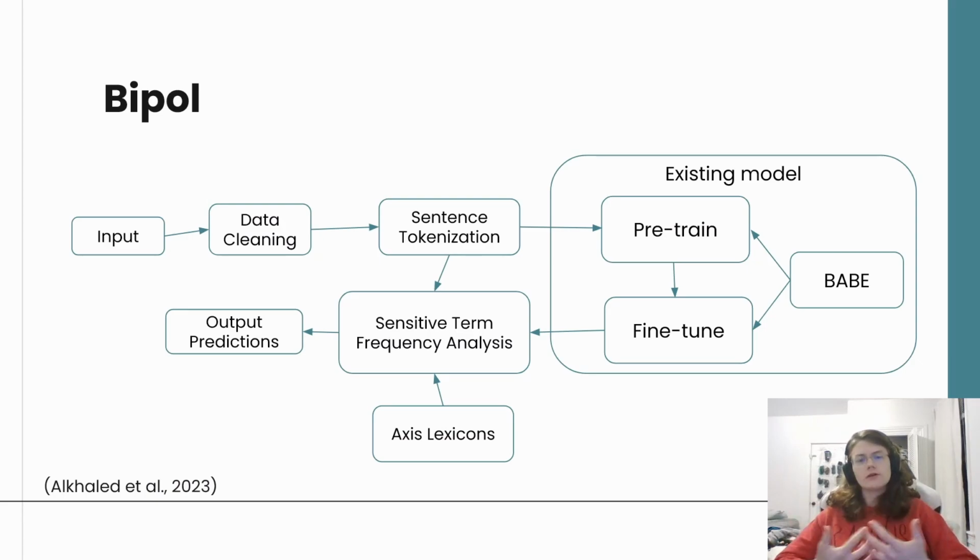We take those and we figure out what axis this bias is most likely to be along, and then we perform this frequency analysis on the tokenized sentence, and then combining that with the information from the existing model and really augmenting that model with this analysis, we can return a family of predictions across multiple different axes of bias.